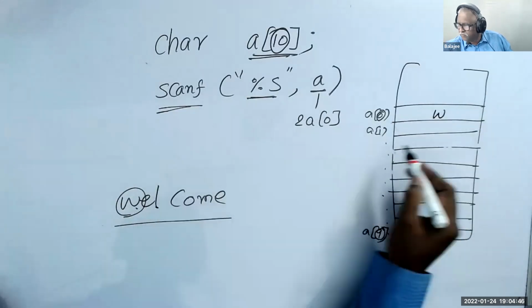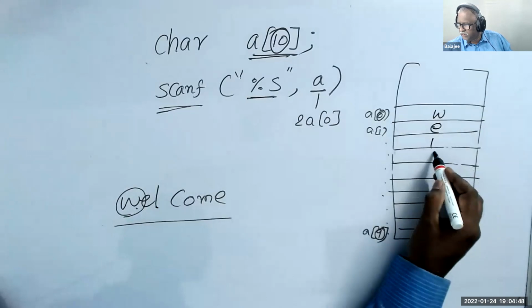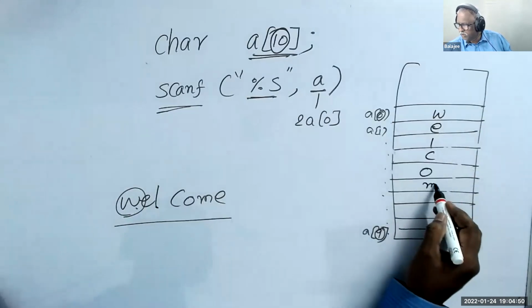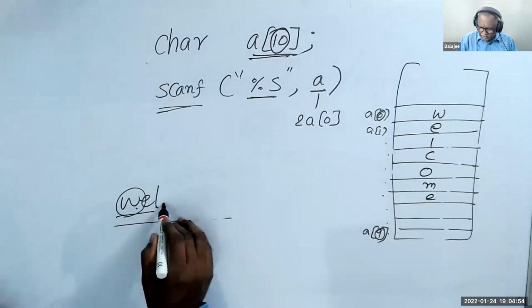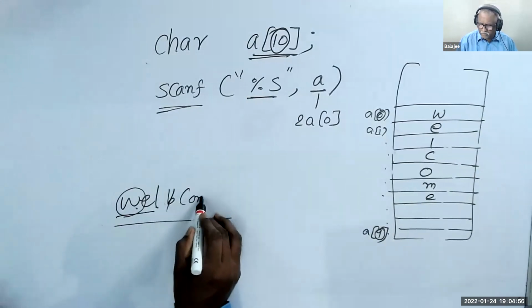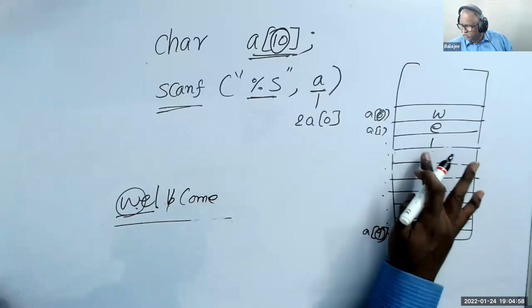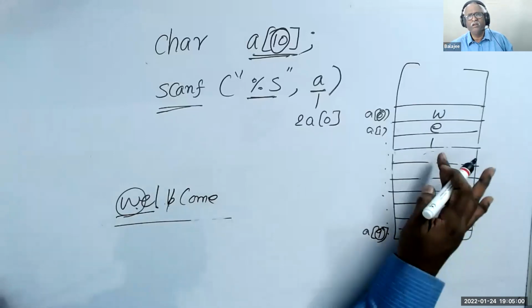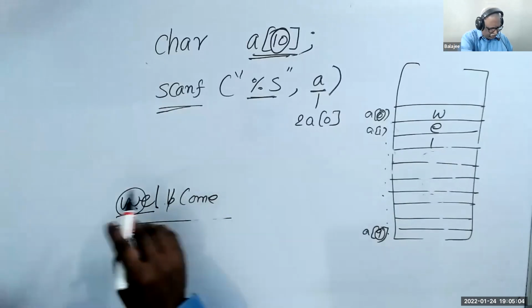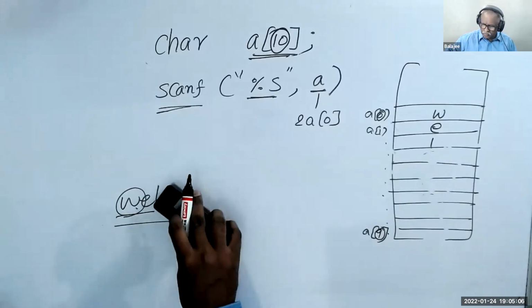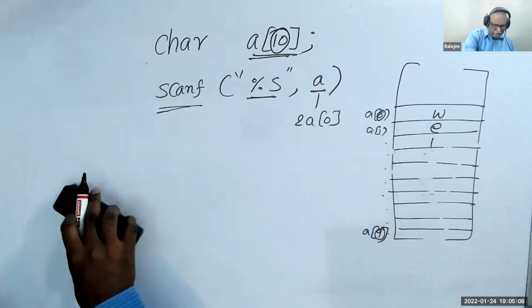Then E, L, C, O, M, E. If you give a space, like well and a space and come, then it'll go differently. So let's not worry about that now. Let's take welcome.